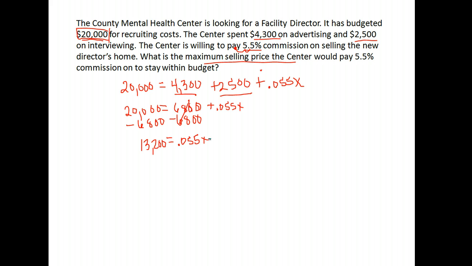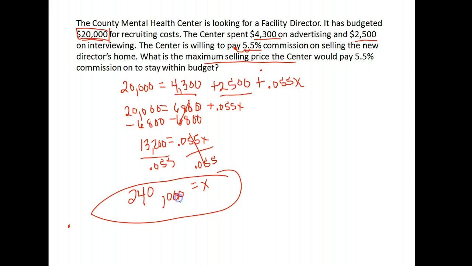And finally, to solve for our x, we divide both sides by 0.055. And we get $240,000 even as the maximum selling price for that home to stay within their budget.